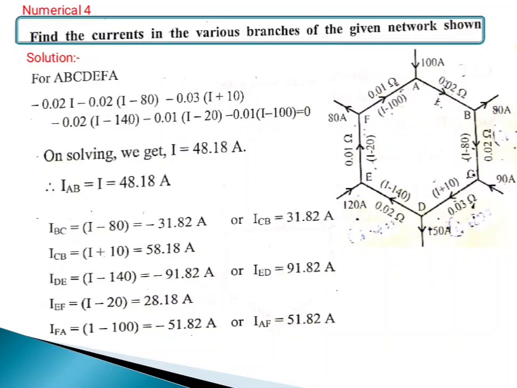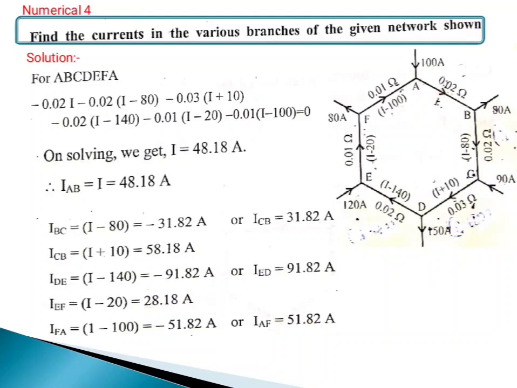Then how are we going to write the equation now? You can see here. I am moving like this, and the current is also moving like this: minus 0.02 I, then minus 0.02 (I minus 80), minus 0.03 (I plus 10), minus 0.02 (I minus 140), minus 0.01 (I minus 20), minus 0.01 (I minus 100) is equal to 0.